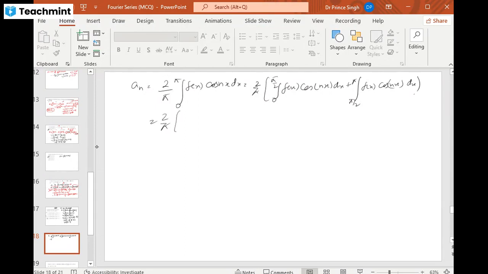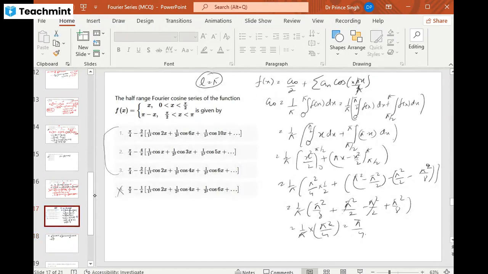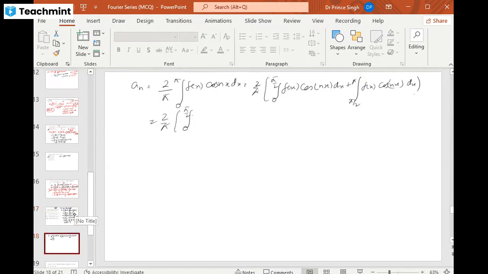So it is 2 upon pi, 0 to pi by 2. In the interval 0 to pi by 2 its value is x into cos of nx, and in the interval pi by 2 to pi its value is pi minus x into cos of nx dx.